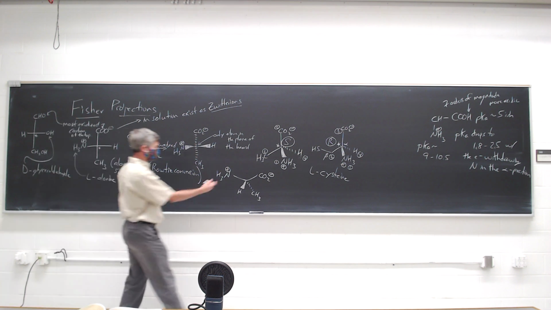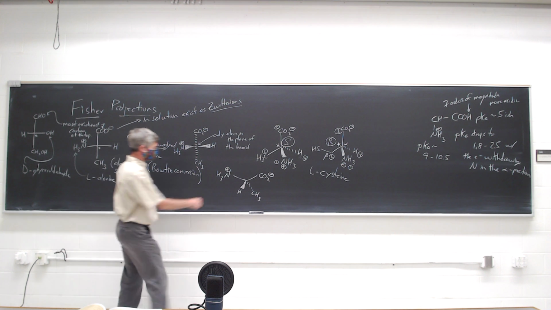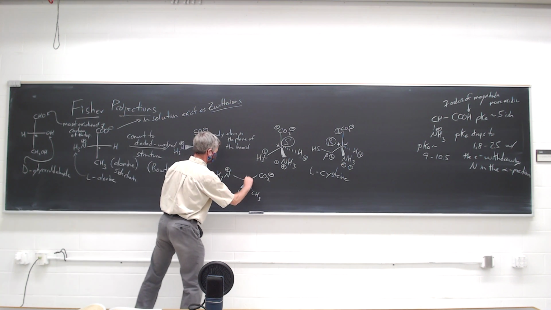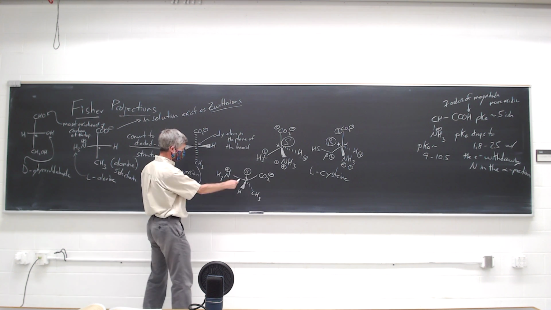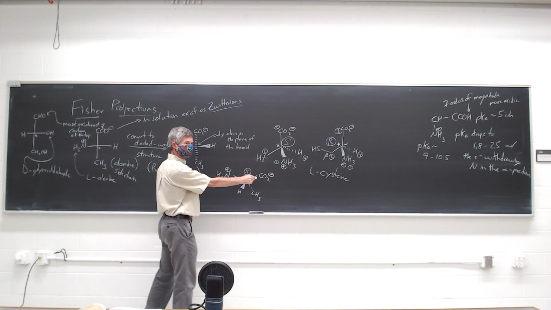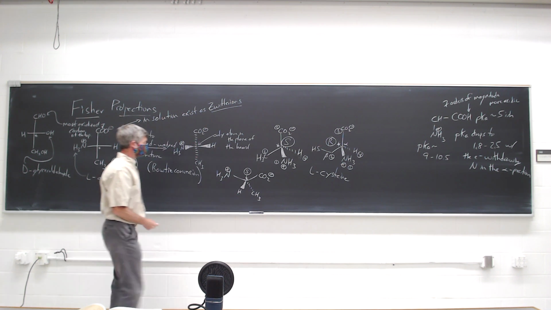Now we have to put ourselves back behind the plane of the board. So we're looking down this bond, nitrogen to carbon. If I'm looking the wrong way down the bond, it looks like it's going clockwise, but I'm looking the wrong way, so it's the opposite.